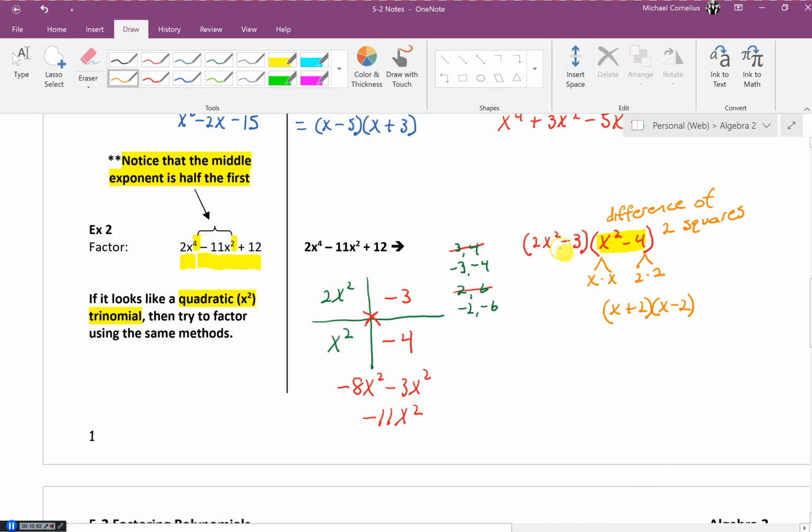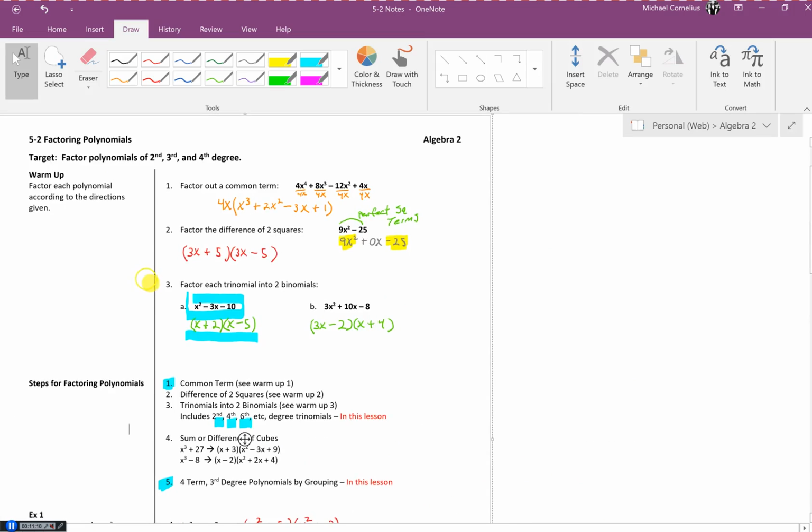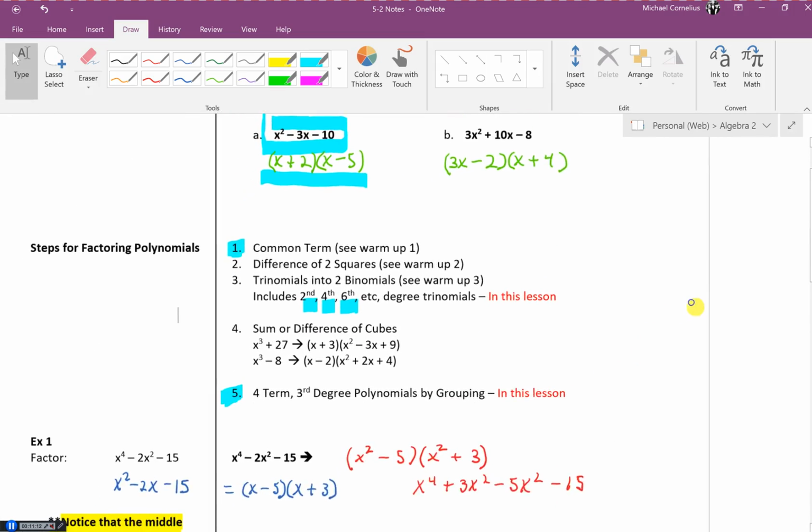And then I can drop down my other factor. Notice it is not a difference of two squares, because 3 isn't a perfect square term, and neither is 2. So that's it. This polynomial actually has 3 factors to it. Kind of kooky, huh? All right, let's go to the next page.